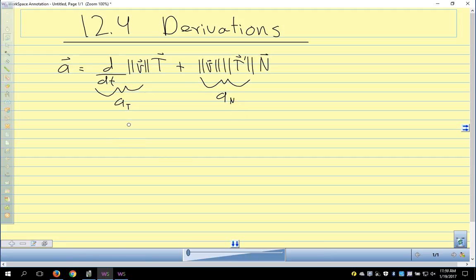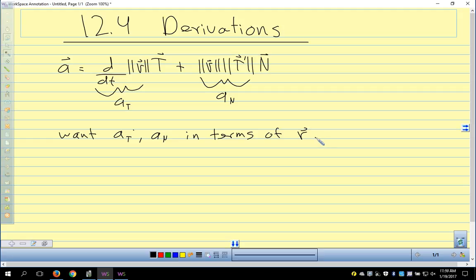And we want this a sub T and a sub N in terms of r prime and r double prime.